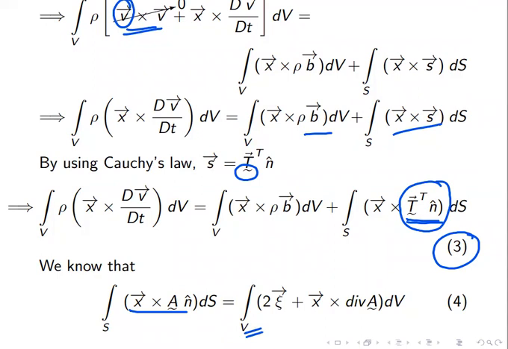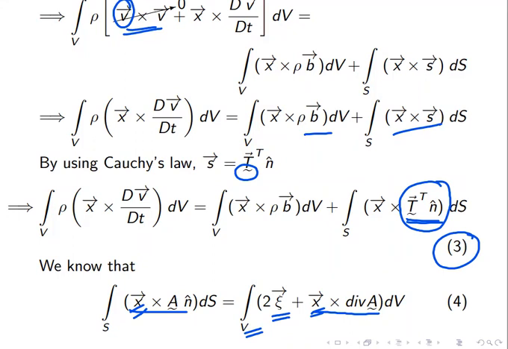Volume integral of 2 xi, where xi is the dual vector of the skew tensor of A, plus x cross divergence A. This x remains the same here, same x, right?